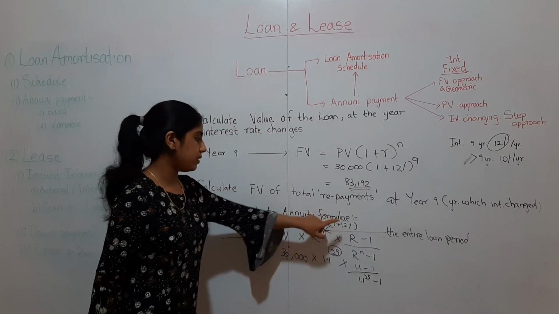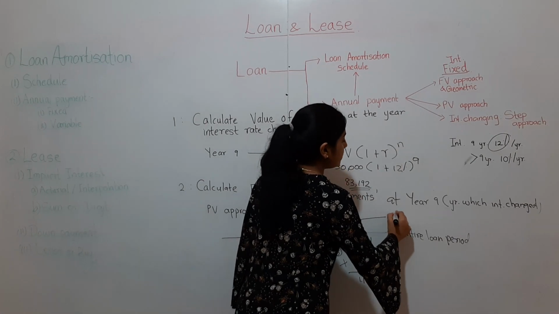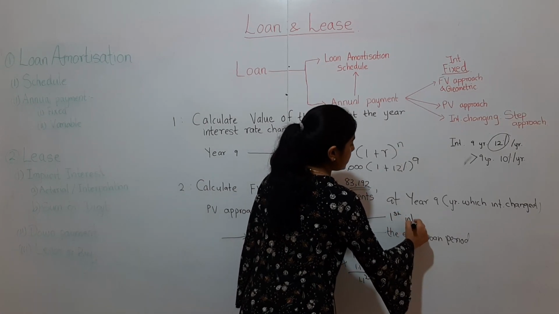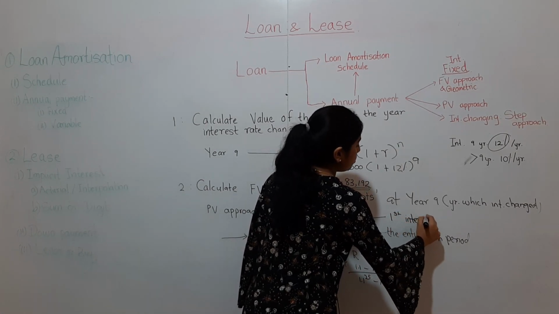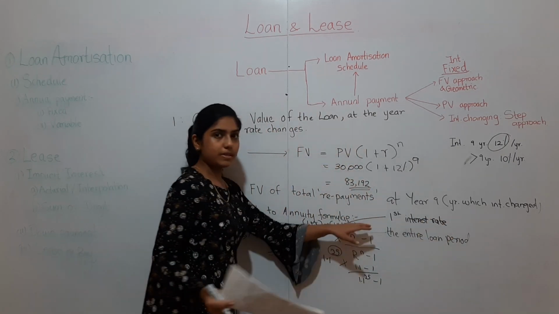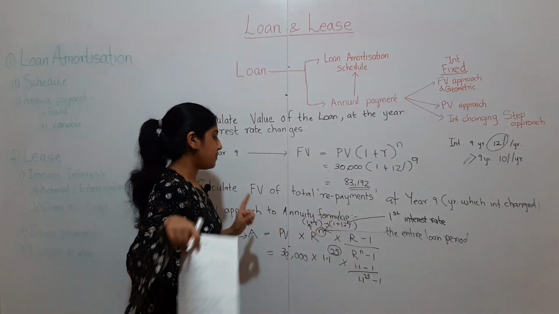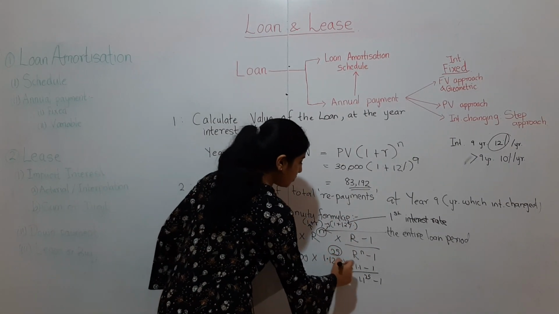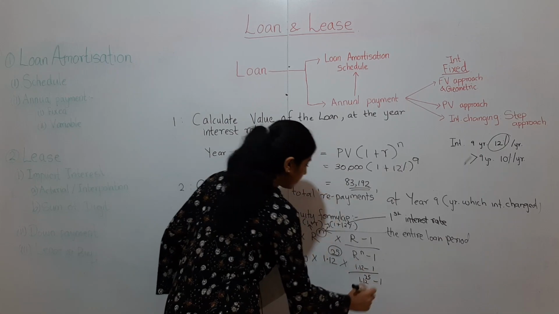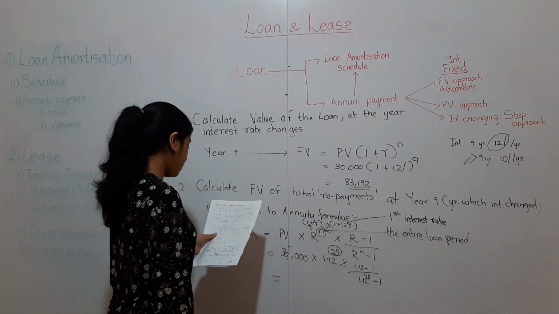So the interest rate is the first interest rate. It should not be the changed interest rate. It must be the first interest rate, right? Okay. So it will be 1.12, 1.12 and 1.12.